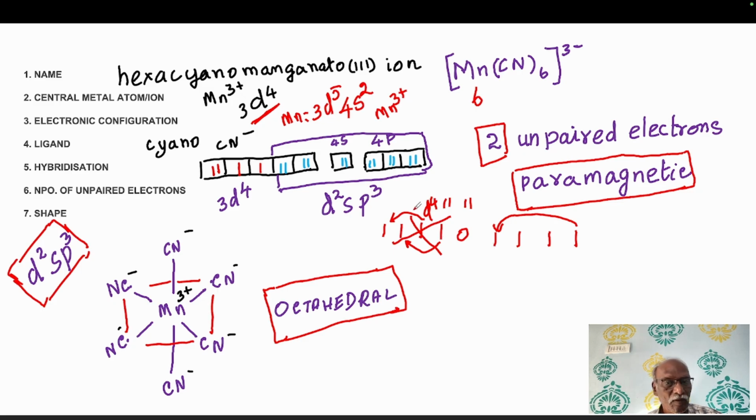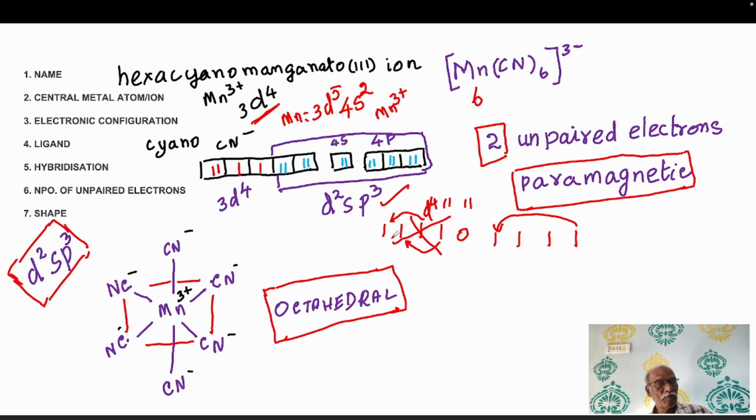Instead of pairing all the electrons, it does the pairing work of only one electron, pushed inside, leaving the other 2 electrons, and it takes only 2 d orbitals. Because for d2sp3 hybridization, it requires only 2 d orbitals. By pushing just one electron inside, 2 d orbitals are made available. That's why this type of arrangement takes place, resulting in 2 d orbitals, 1 s orbital and 3 p orbitals mixing up together, and d2sp3 hybridization has occurred.